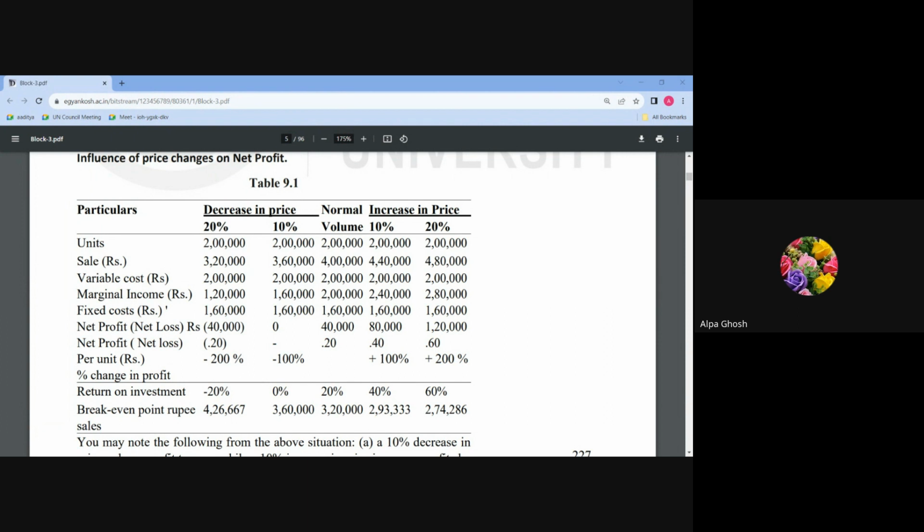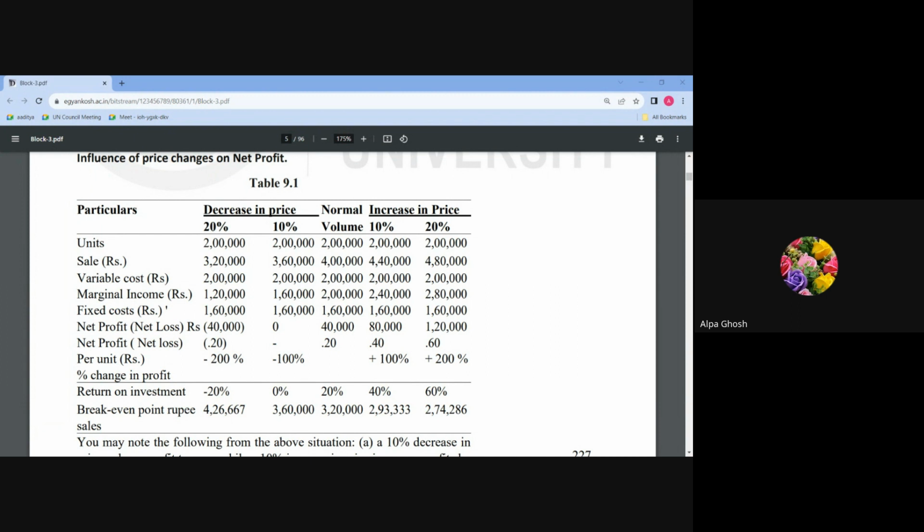But there is a decrease in price of 20%. So if it is total 4 lakh, what will be 20% of 4 lakh? 0.4 rupees. That means 80,000. Yes. So 4 lakh minus 80,000, you get 3 lakh 20,000.